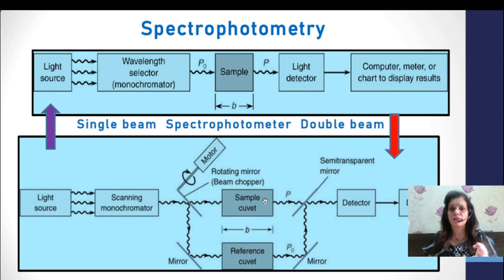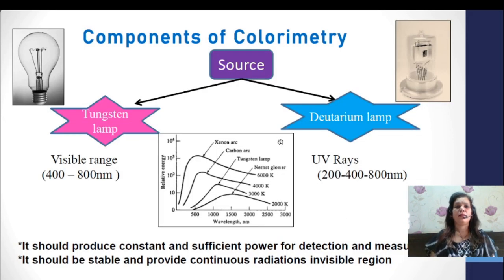This solution has been prepared using some solvent. You can keep that solvent as a reference here. So whatever absorbance is due to the reference will be minimized and you will get only the detector response with respect to your colored solute on your display device. We'll see in detail the components utilized in colorimetry as well as spectrophotometry.